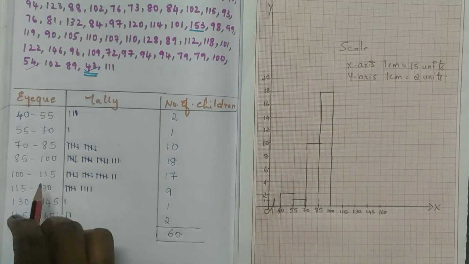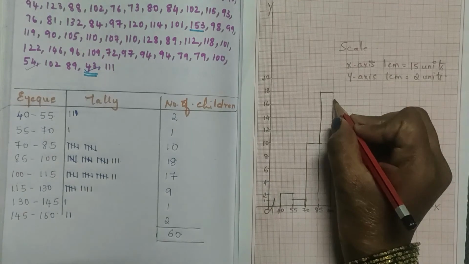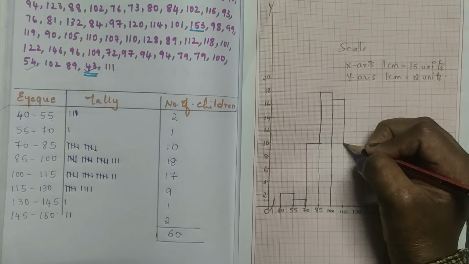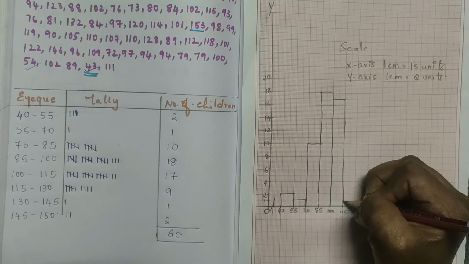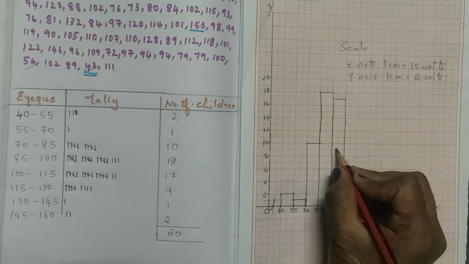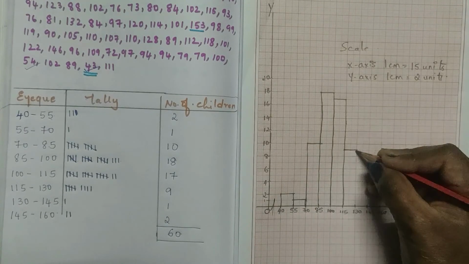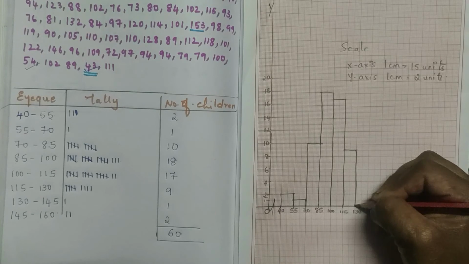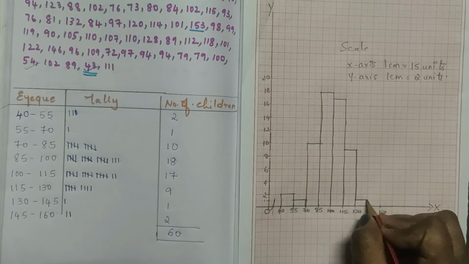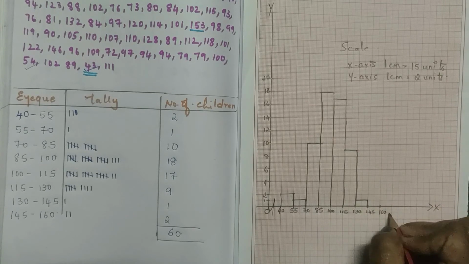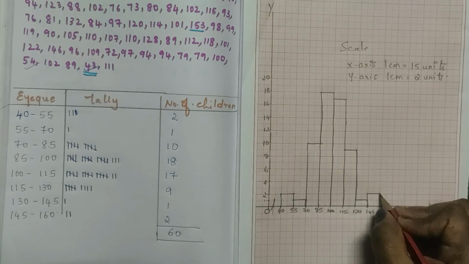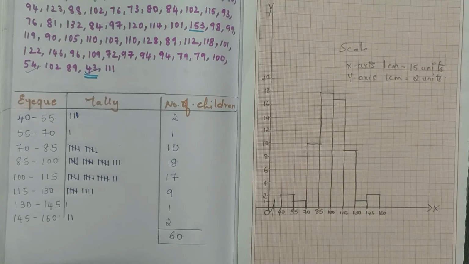Now from 100 to 115, 17. So 17 is somewhere here. Now 115 to 130, 9. So 9 is over here. And then 130 to 145, 1. And then from 145 to 160 it's 2. So this is how you draw the bar graph or the histogram.